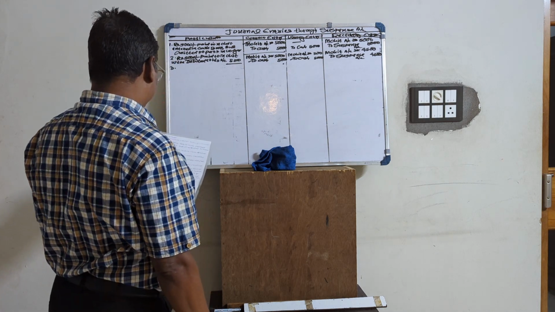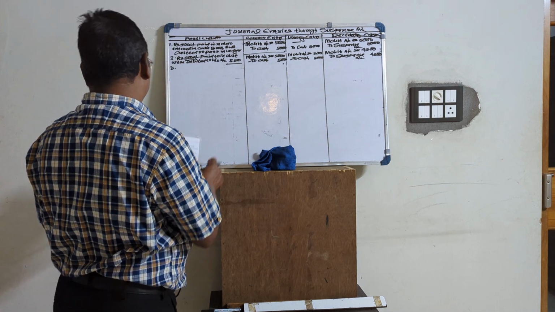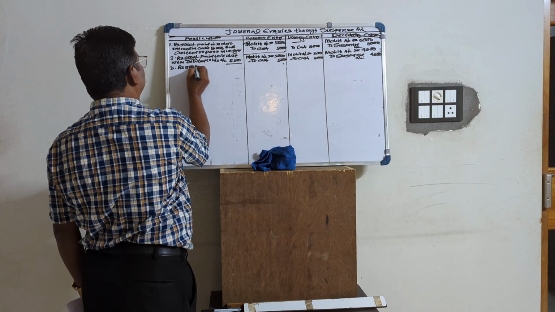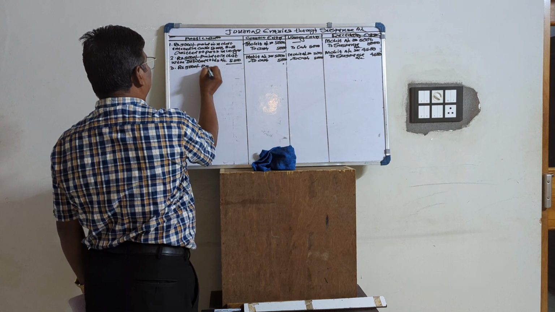Rupees 5,000 paid to Mohit were credited to his account.